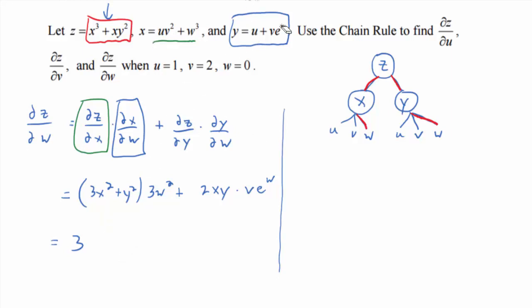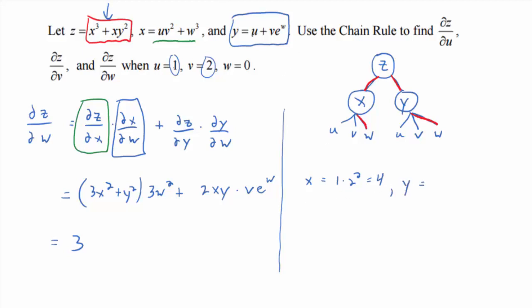So let's take the x and plug in 1 for u, 2 for v, 0 for w. So what is that going to get us? 1 times v squared, 2 squared, and then w is 0, so just 4. Everybody agree with that? And then what about the y?